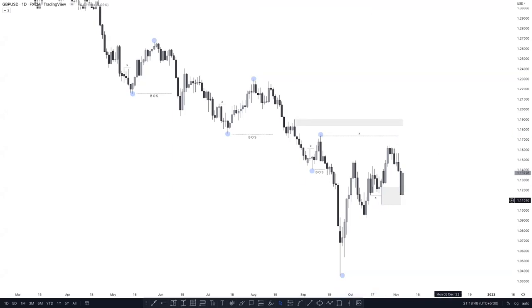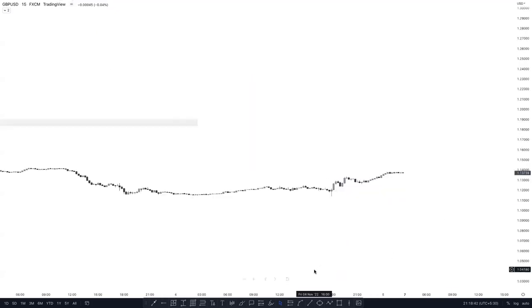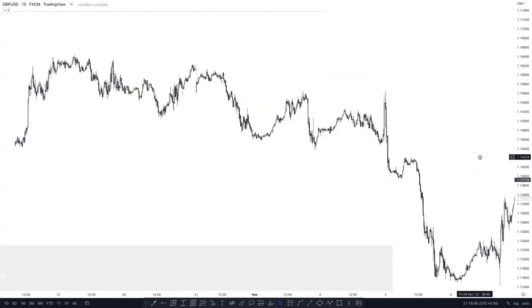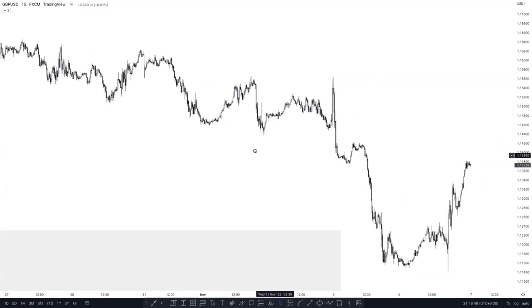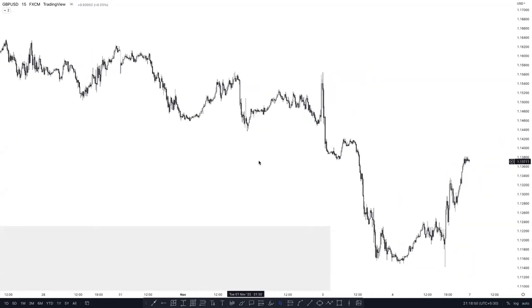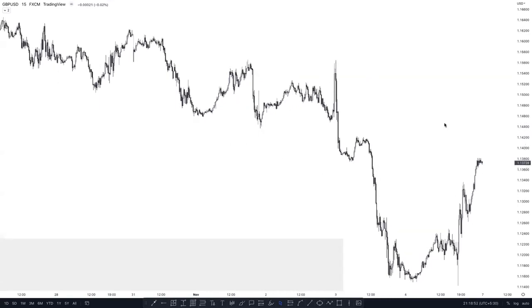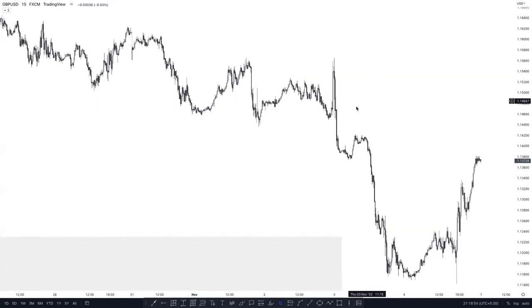Now switch into the 15-minute to see exactly what is happening here. Then you will see. So this one is the 15-minute structure. If I want to ask you here to mark the correct structure, then how will you mark in this case? Where is our correct structure in the 15-minute?